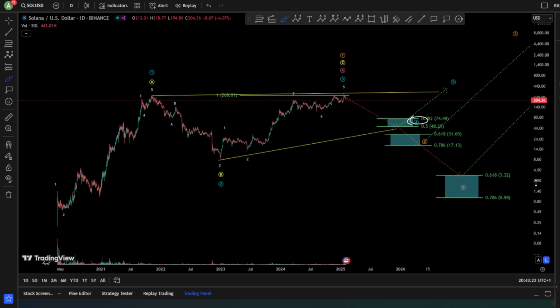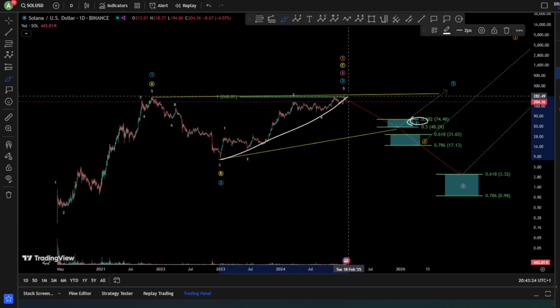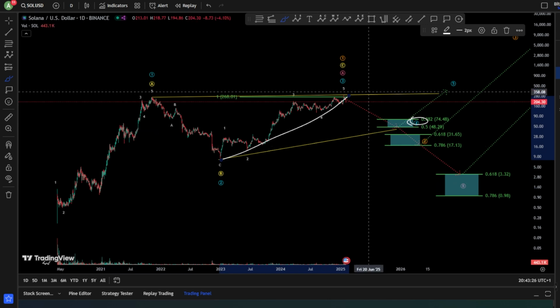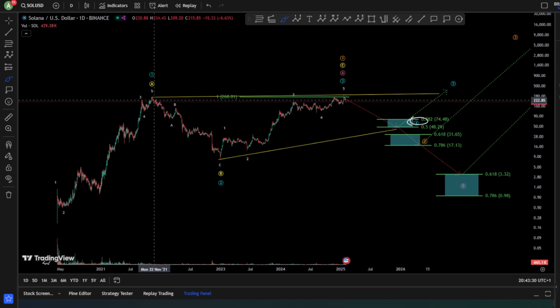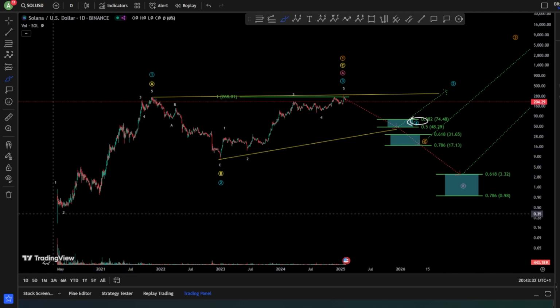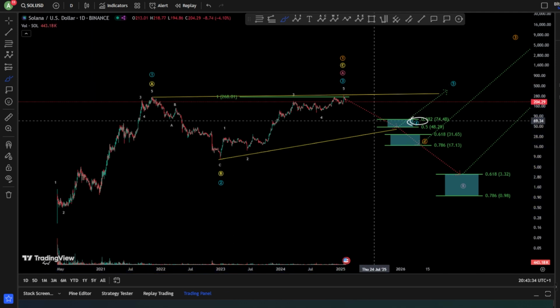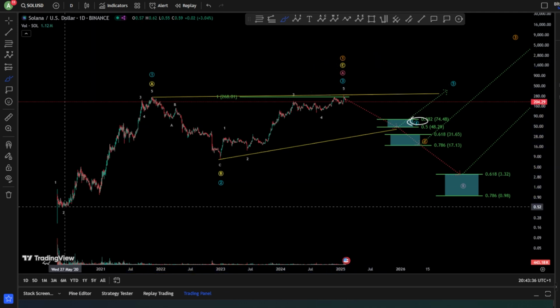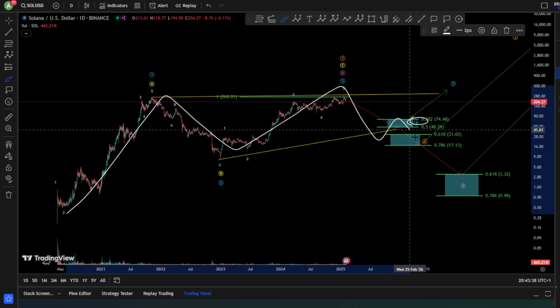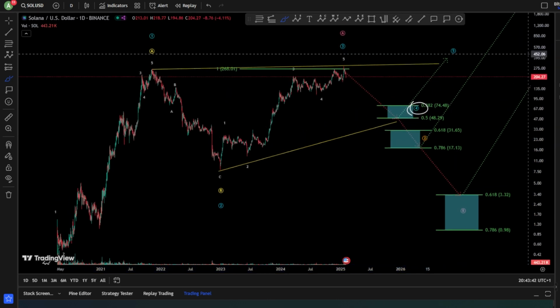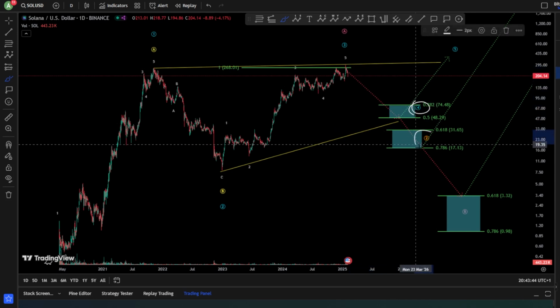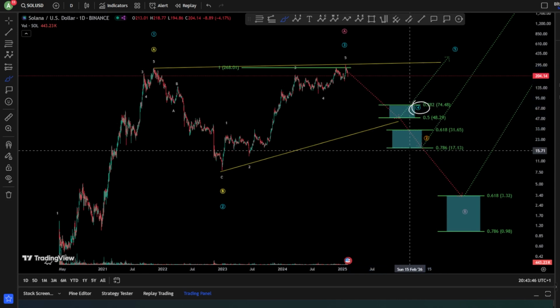This is a logarithmic chart, but literally based on math, on numbers and price, this is now exactly equal to this one, which is an ABC zigzag. In this scenario, it opens for us 3 waves up, 3 waves down, 5 waves up then. And that scenario, 3 waves down, will open with, of course, a wave 2 or a wave B.